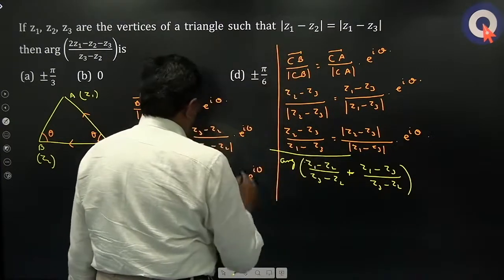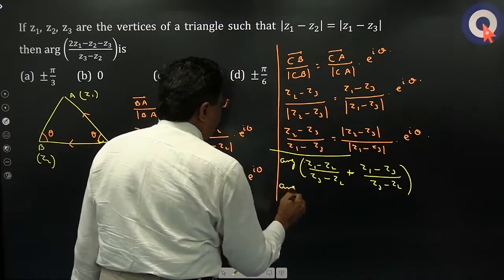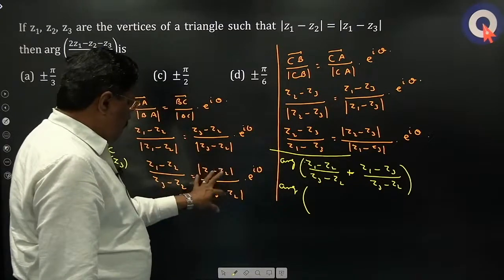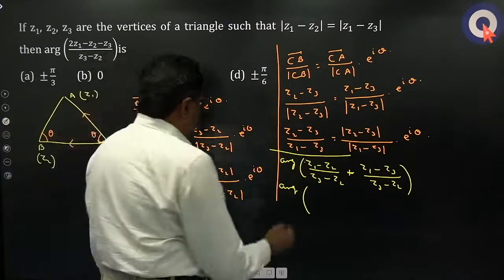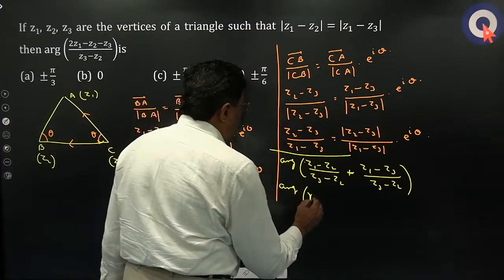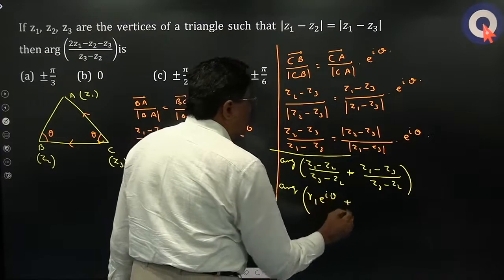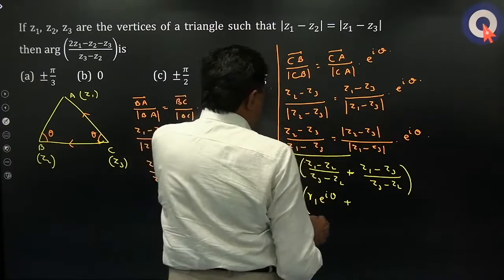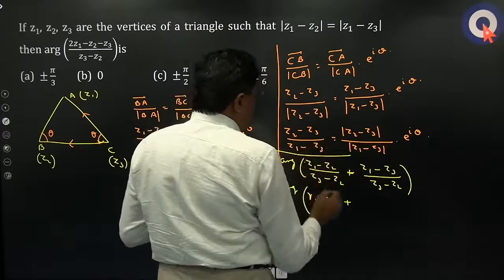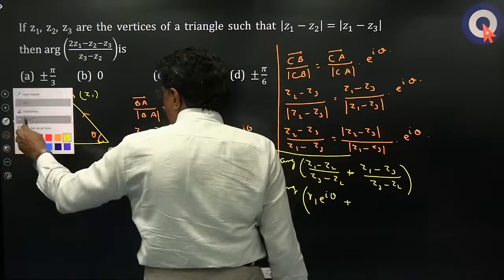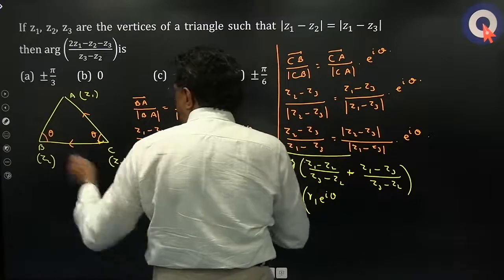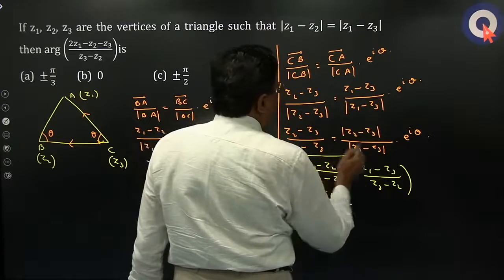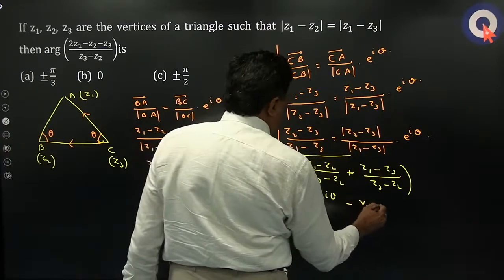So the argument of Z1 minus Z2 by Z3 minus Z2 is some real number, let that real number be R1, into e power i theta, plus Z1 minus Z3 by Z3 minus Z2. So you can see here Z2 minus Z3, so we get a negative sign here. So one thing is you get a negative sign here, and also e power minus i theta. So R2 into e power minus i theta.